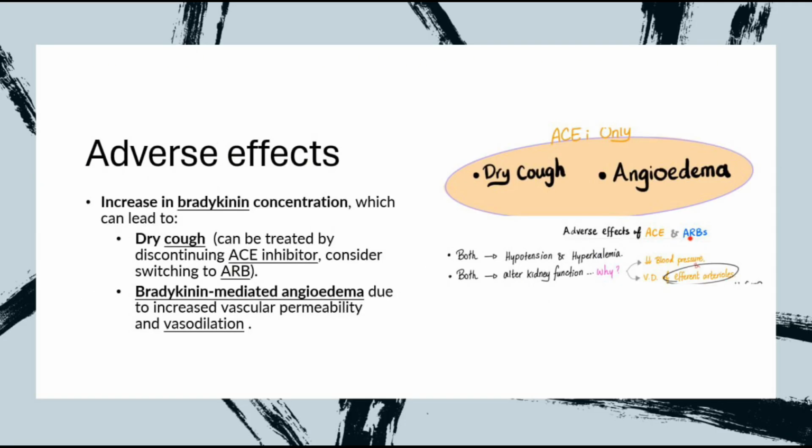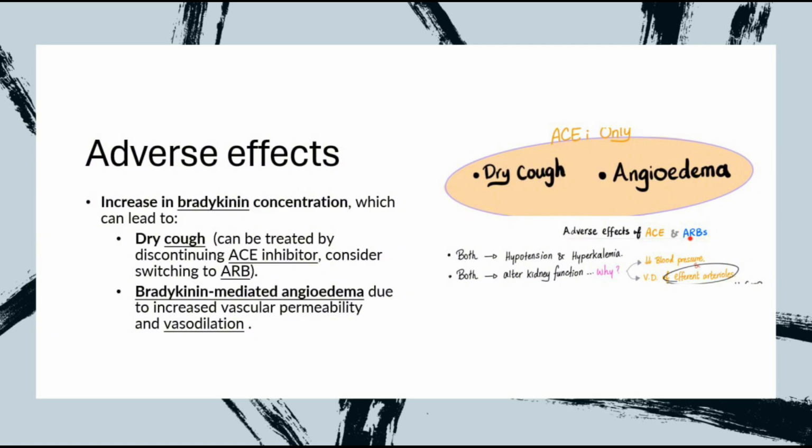Now coming to the adverse effects, there is an increase in bradykinin concentration when we give ACE inhibitors, which can lead to dry cough. This can be treated by discontinuing ACE inhibitors and considering giving ARBs instead. And bradykinin mediated angioedema due to increased vascular permeability and vasodilation.